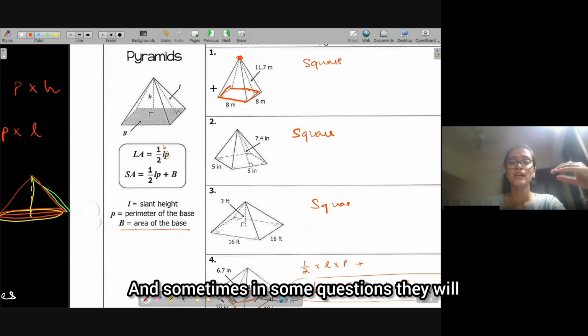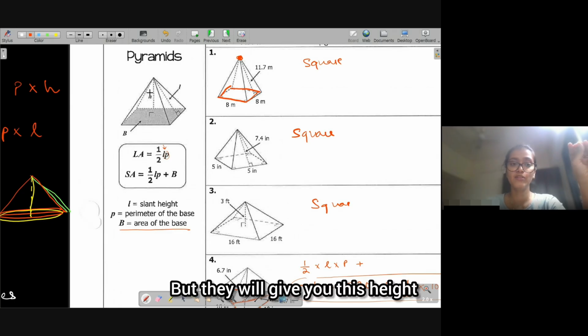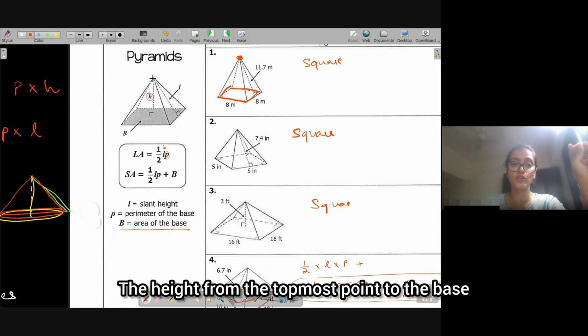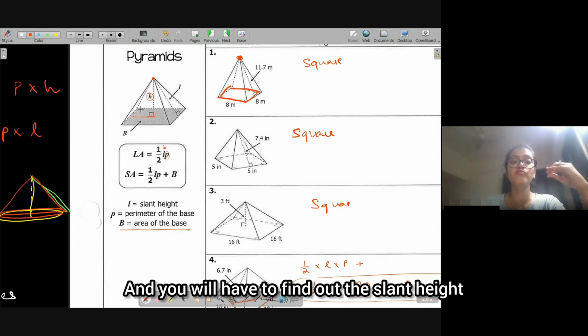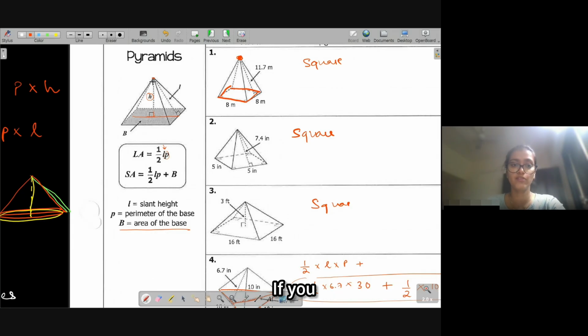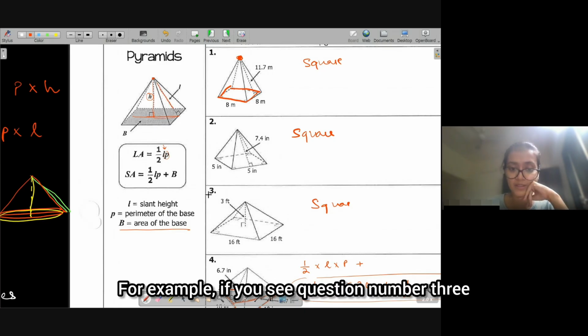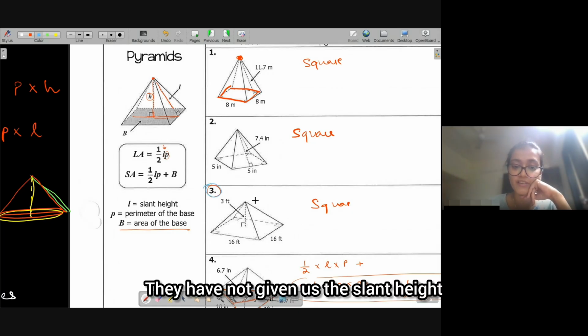And sometimes in some questions, they will not give you the slant height, but they will give you this height, the height from the topmost point to the base. And you will have to find out the slant height by using the Pythagorean theorem. For example, in question number 3, they have not given us the slant height.